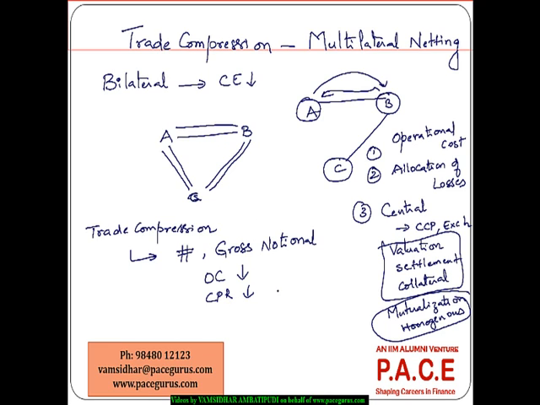But it all requires some kind of cooperation because we are trying to reduce the number as well as the gross notional between the counterparties. So it requires a lot of cooperation between the various participants. Every participant has to submit all their relevant trades which they want to compress.